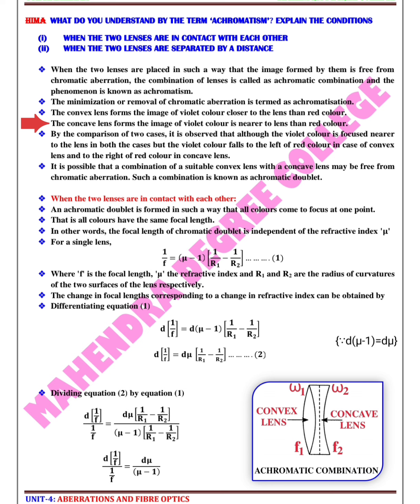Violet light has a shorter wavelength and bends more than red light, which bends less. As a result, the divergent rays of violet appear to come from a point closer to the lens compared to red. Violet, more refraction, image appears closer. Red, less refraction, image appears farther.